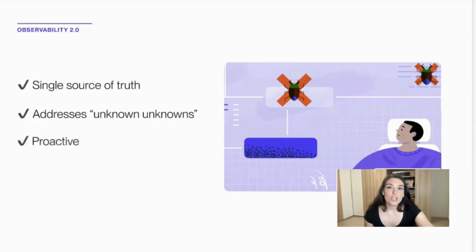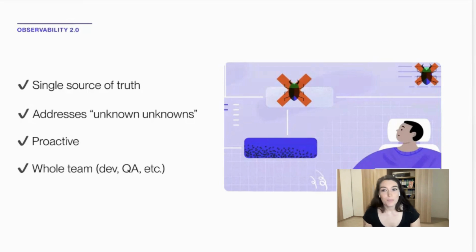Your team isn't just more effective at debugging, they can now be more confident in exploring and understanding the system. And finally, it's no longer just under the remit of DevOps and Ops and platform teams, but it's tools that are used by the entire team throughout the entire software development lifecycle.